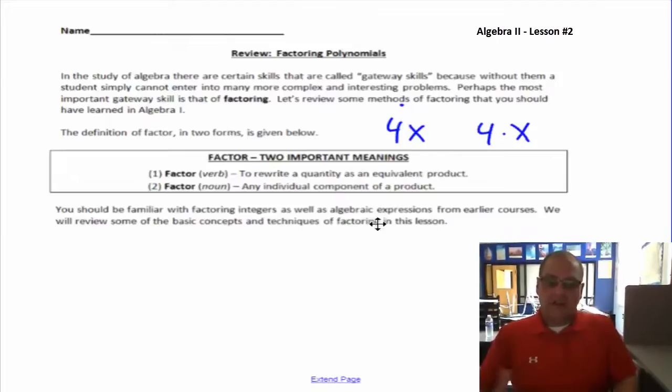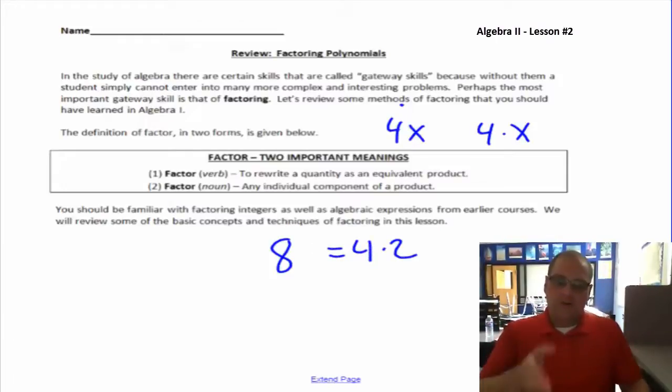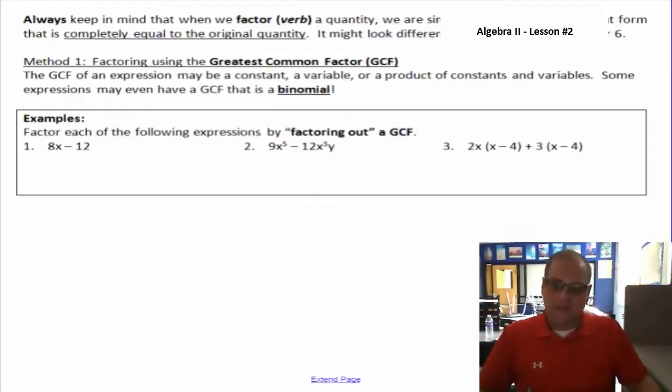If I give you the number 8, that could be 4 times 2, right? 4 is a factor. 2 is a factor. Those are nouns. So that's using the word factor as a noun. If I say factor 8, factor the number 8, you would say 4 times 2. But you're performing something, so it's a verb. It's an action. Anything that's an action is a verb.